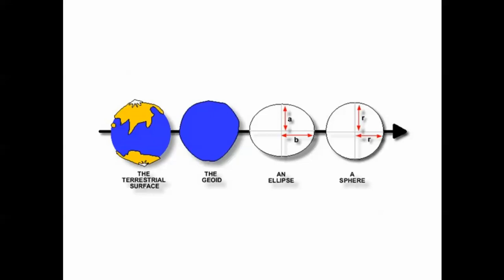So in other words, the distance of 1 degree of latitude from the equator to 1 degree north would be the same as from 10 degrees to 11 degrees north, or from 89 degrees north to 90 degrees north. Now that's not the case if we use an ellipse. In an ellipse, this distance, 1 degree here at the equator, is going to describe a distance that's very different than 1 degree here.